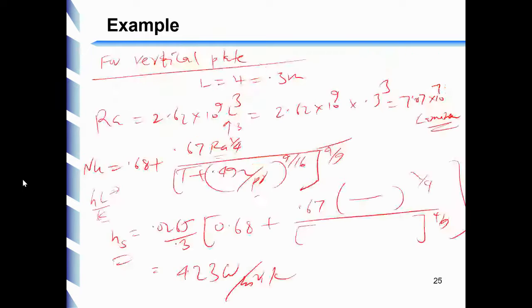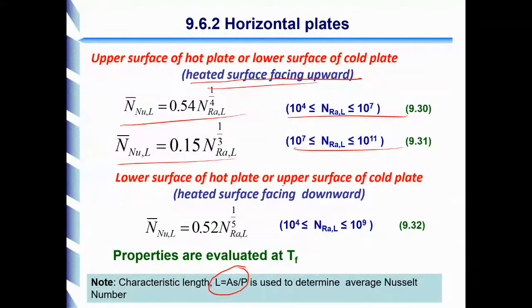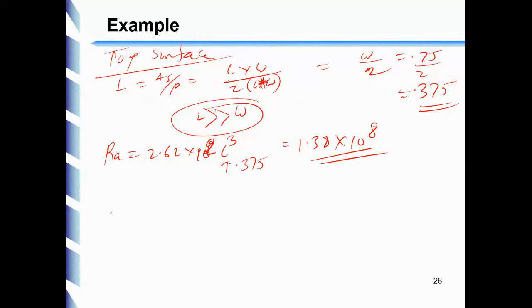So which equation? Ra is 10 power 8, and the surface is facing upward, so we'll use this equation. Nu equal to 0.15 Ra^(1/3). So h top by k, 0.15 times 1.38 times 10 power 8 to the 1 by 3. So we know the Ra, so substitute here.